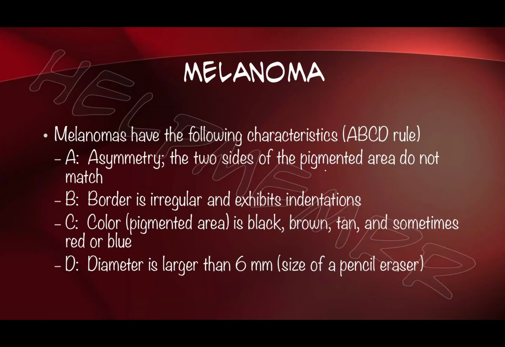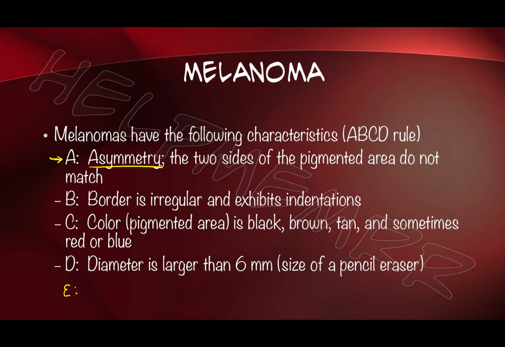When we're looking at a melanoma, what we're going to see is that there are characteristics that we are looking for with each of these particular masses. And if you have these particular masses, you're going to follow the ABCD rule. Sometimes they'll even have an E. The A of the ABCD rule is asymmetry.